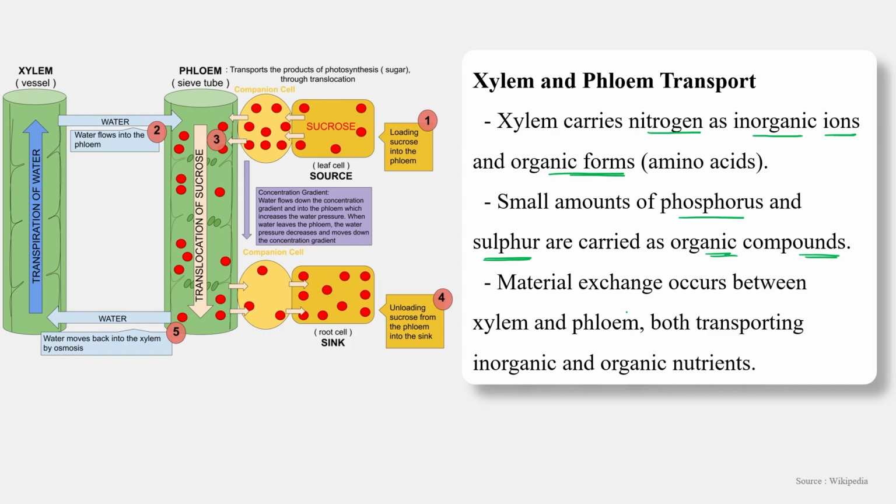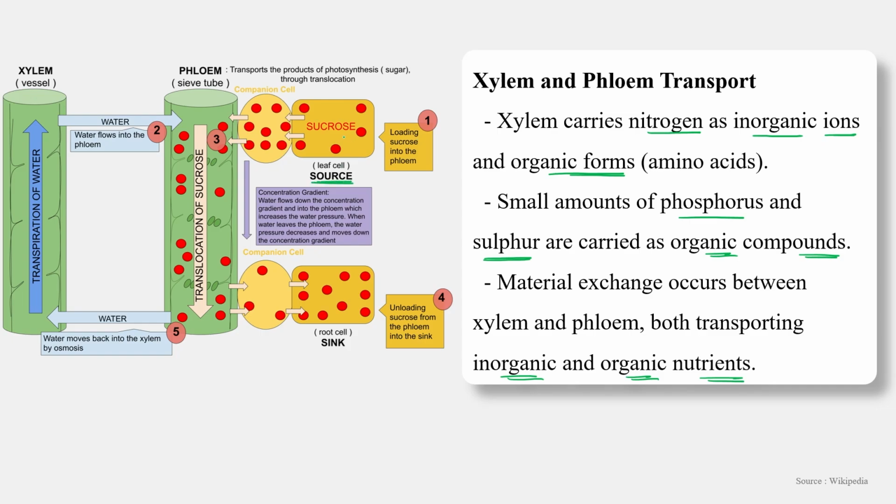Some material exchange also occurs between xylem and phloem, both transporting inorganic and organic nutrients. Okay. So, as you can see over here, this is the loading of sucrose into the phloem. This is the area of the leaf, okay, where photosynthesis is going on. So, continuously sucrose or starch is formed. So, this is the source.